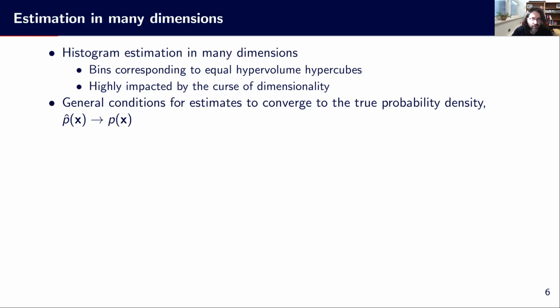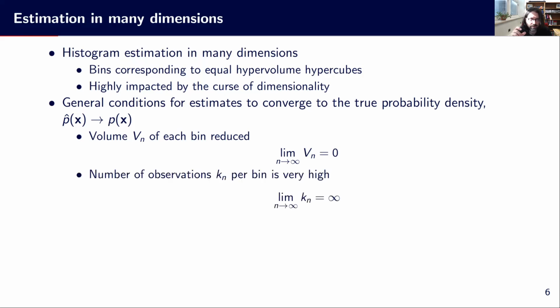A general condition for an estimate to converge to the true probability density is to say that p hat is equivalent to the real p with a large enough data set. But there is more than this. The volume needs to be reduced, so we should aim at getting bins as small as possible. The volume of each bin needs to tend towards 0 as we have more and more samples. With a lot of samples, the number of observations per bin should be very high.